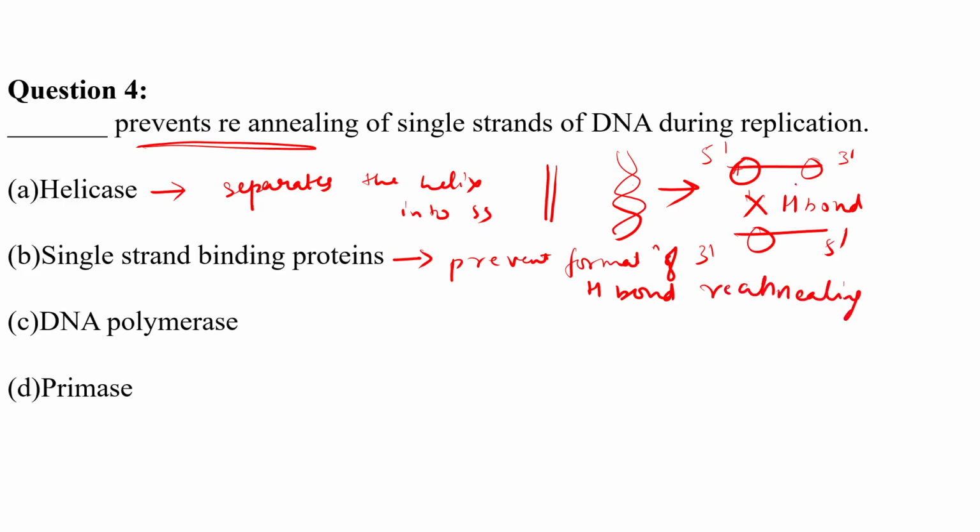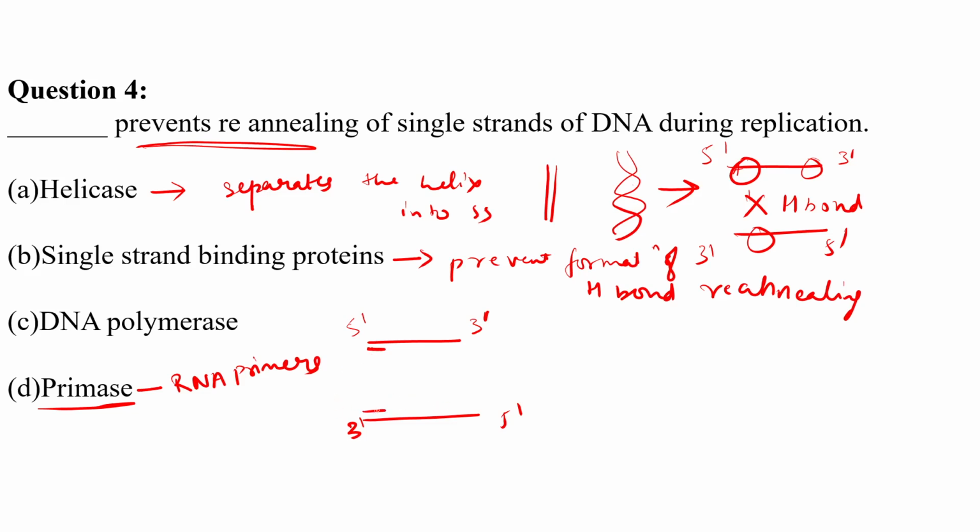Then comes the next step. So now we had the double helical structure, and then the DNA is now separated into two different strands. Now the next enzyme in action will be the primase enzyme. What it will do is synthesize small RNA primers that will bind to the starting region of the single strand.